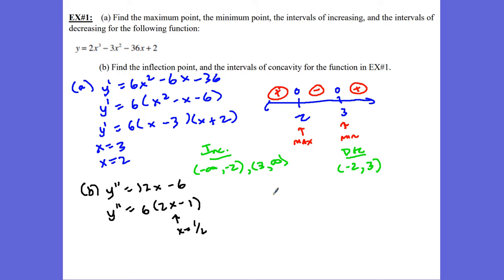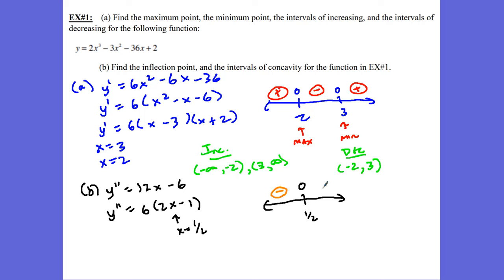So what I want to take a look at is what's happening when the second derivative is equal to 0 at 1/2. If I plug in a point that is less than 1/2, I get a negative value.